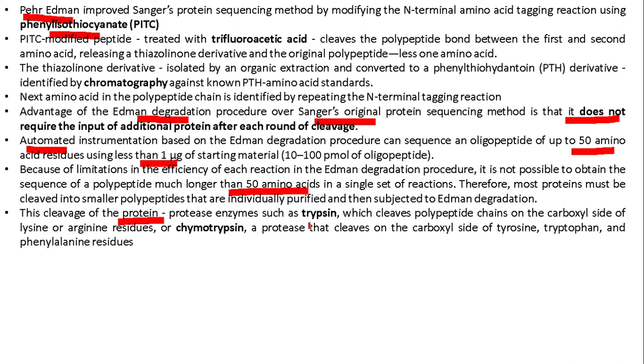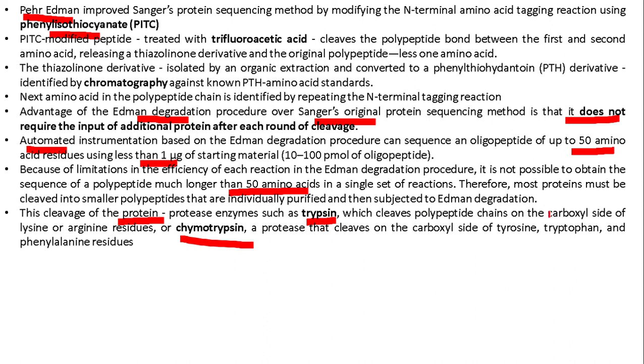And then each of the polypeptide chains is analyzed using this automated Edman degradation technique. Trypsin and chymotrypsin are two important protein digesting enzymes used for this work. You know what's their importance? Because trypsin and chymotrypsin are highly selective.